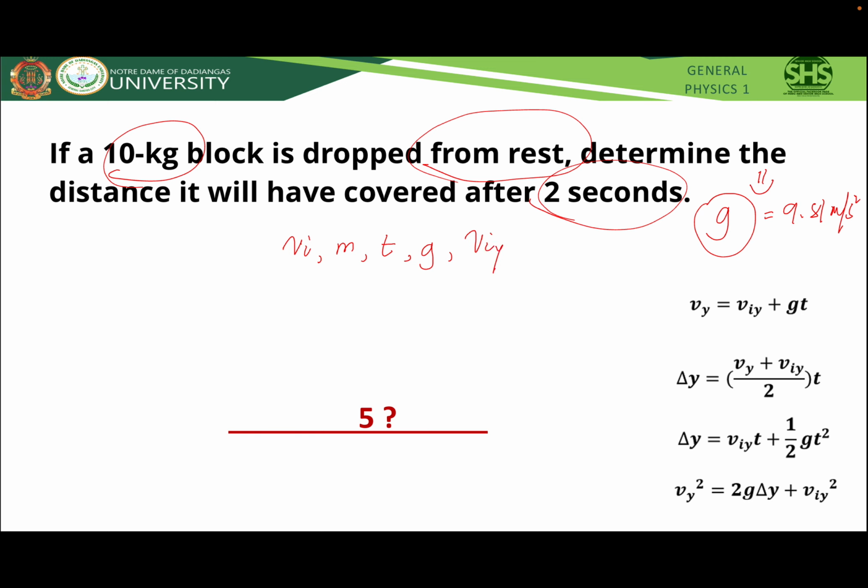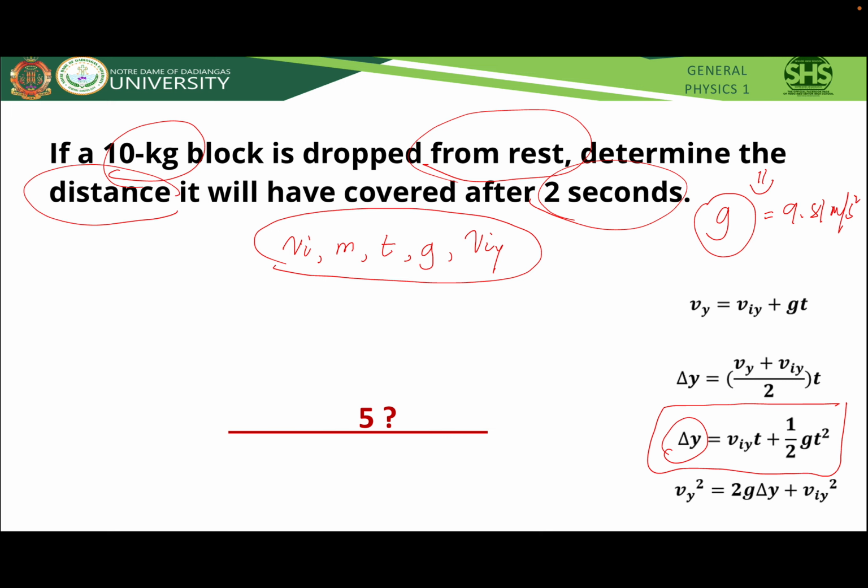Now, if I ask you what the best formula is here, it should include these ingredients. With that being said, the formula that perfectly plugs in all of these ingredients is formula number 3. Why? You have your y, your distance, because that's what we are looking for.